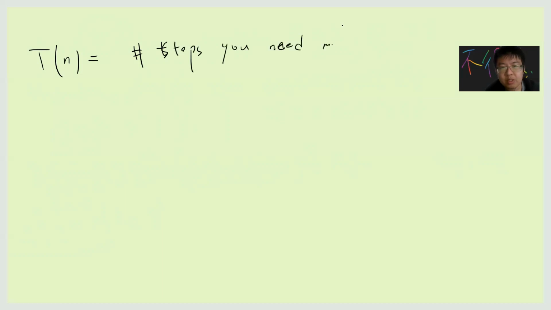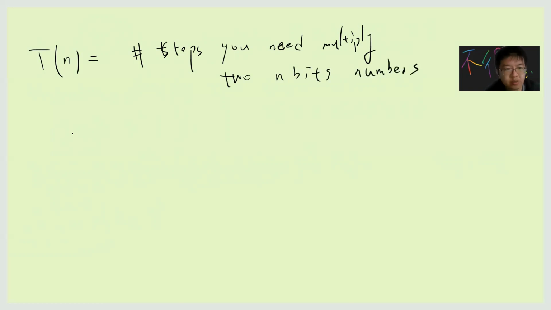If I use divide and conquer, let's define T(n) to be the number of steps you need to multiply two n-bit numbers.